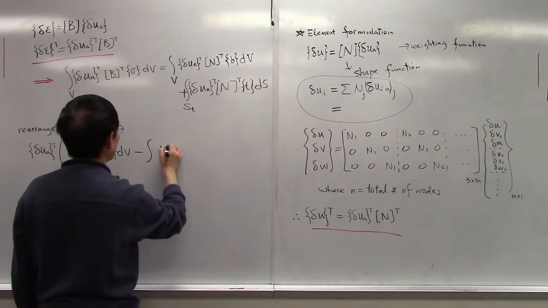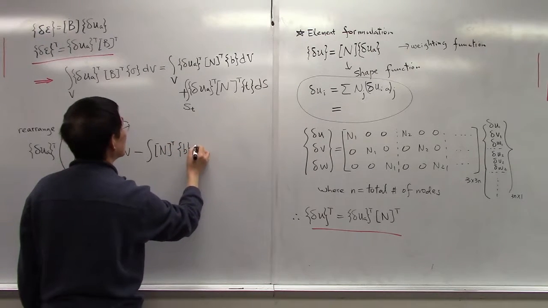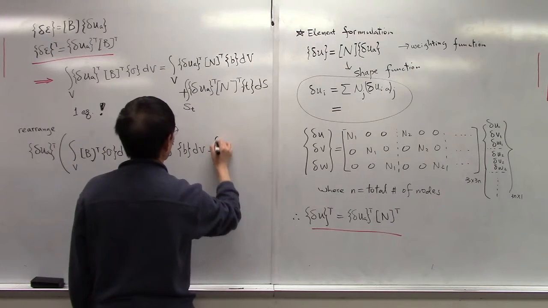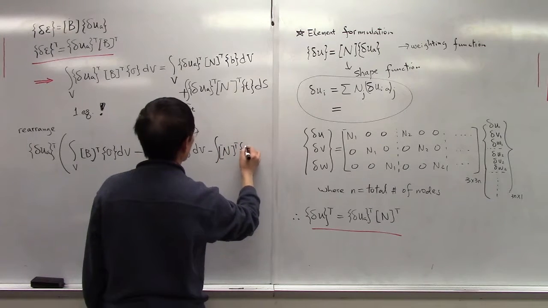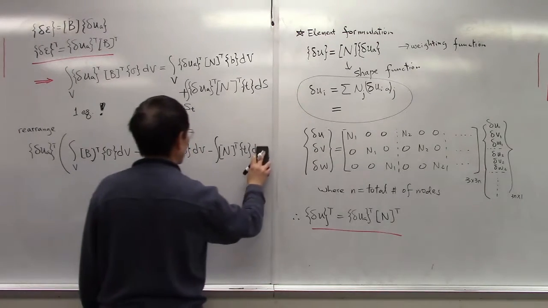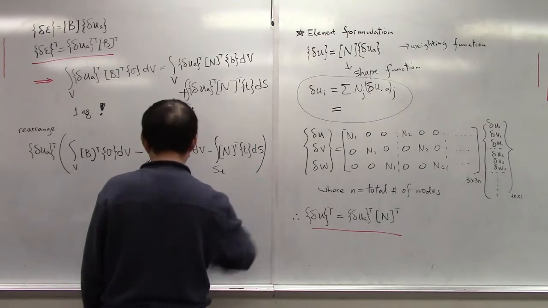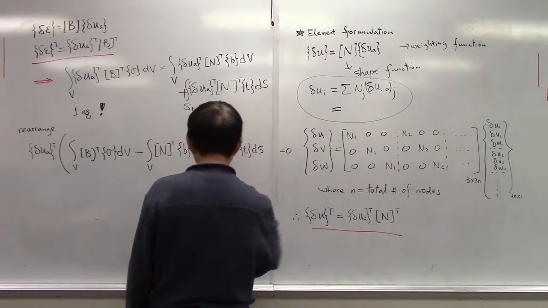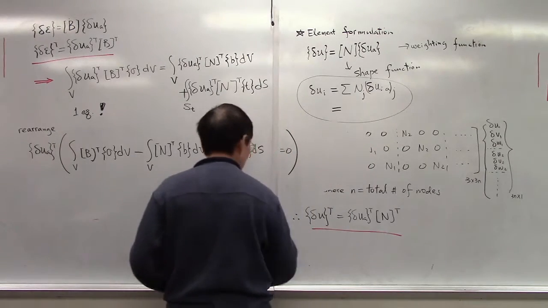So we have N transpose B dV, minus N transpose T dS over St. This whole thing equals 0.